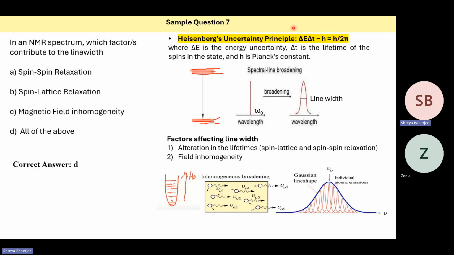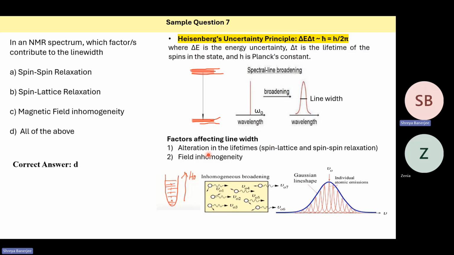Heisenberg's uncertainty principle is delta E into delta T, where delta E is the uncertainty in energy and delta T is the lifetime of the spin in that state. If the lifetime is altered, that will affect the delta E, that is the uncertainty in energy, and that will increase the line width. So how can the lifetime be altered?